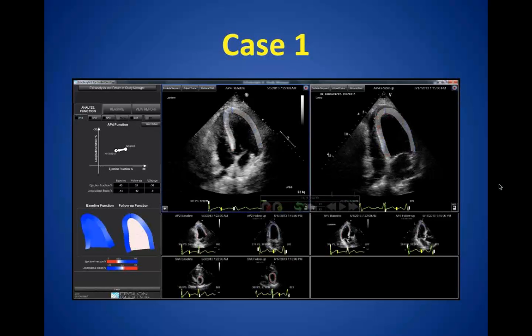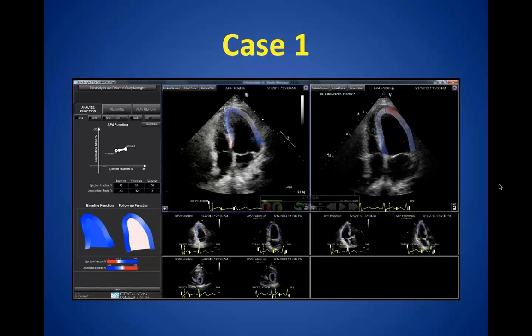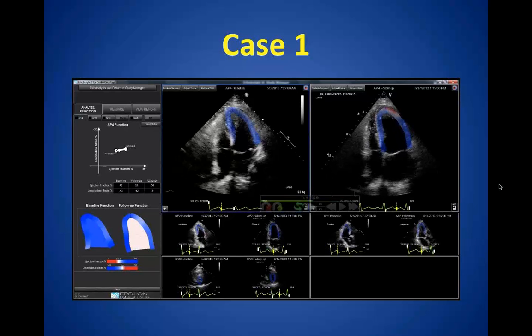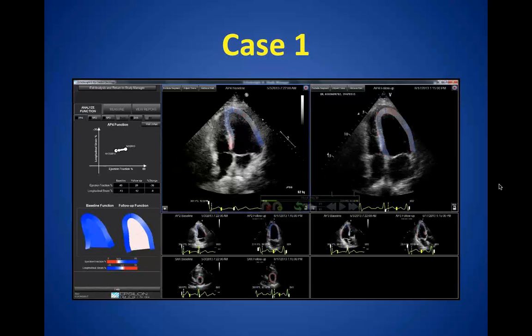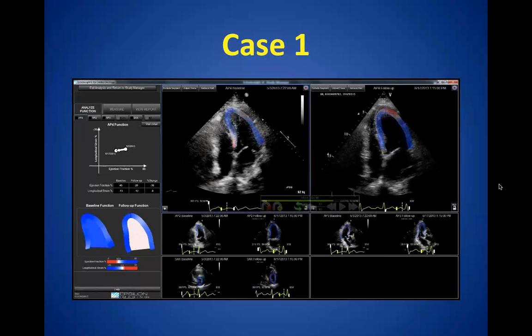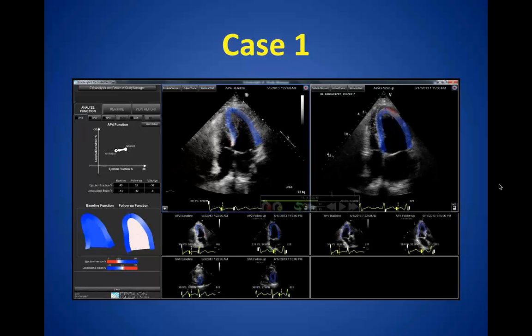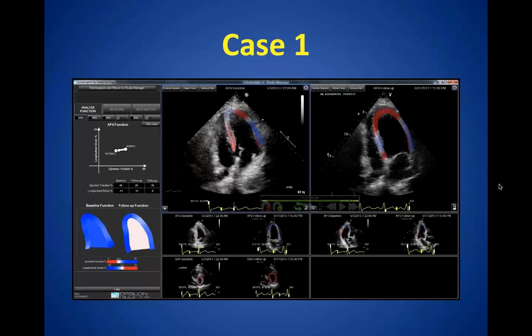And so what we see here is on the left-hand side, the patient's baseline echo, and on the right-hand side, the follow-up echo post-chemo treatment. And so we can see that the LV cavity size is larger.